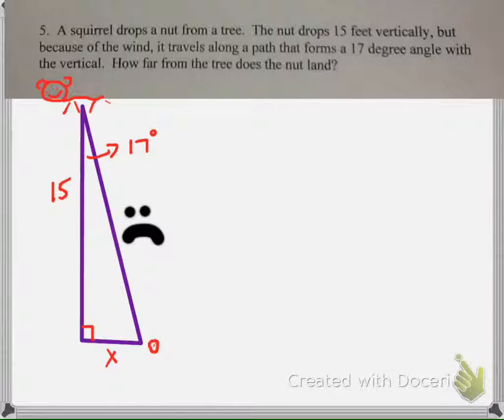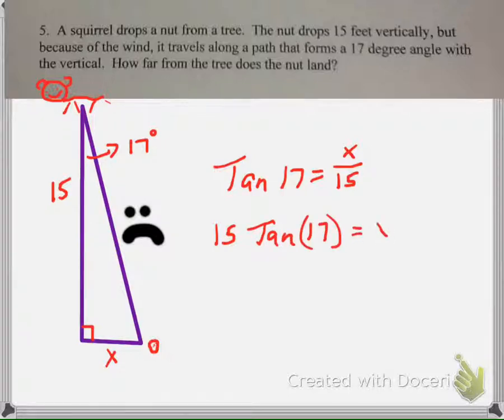We set up tangent of 17 is opposite x over adjacent 15. We want the x by itself, so we multiply both sides by 15, and that's a calculator question, and you get approximately 4.5 feet.